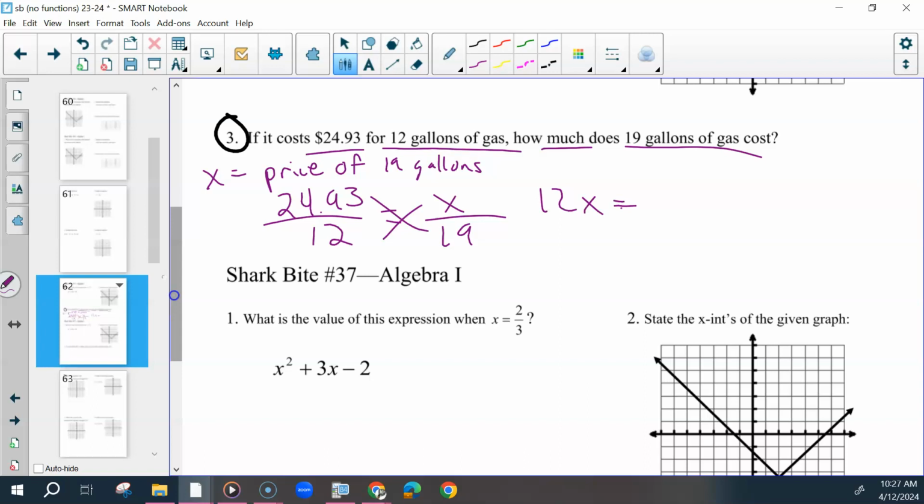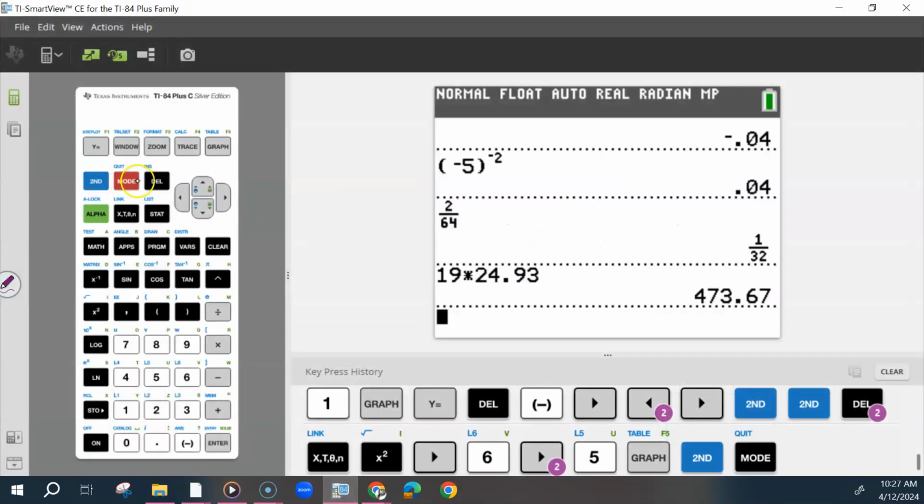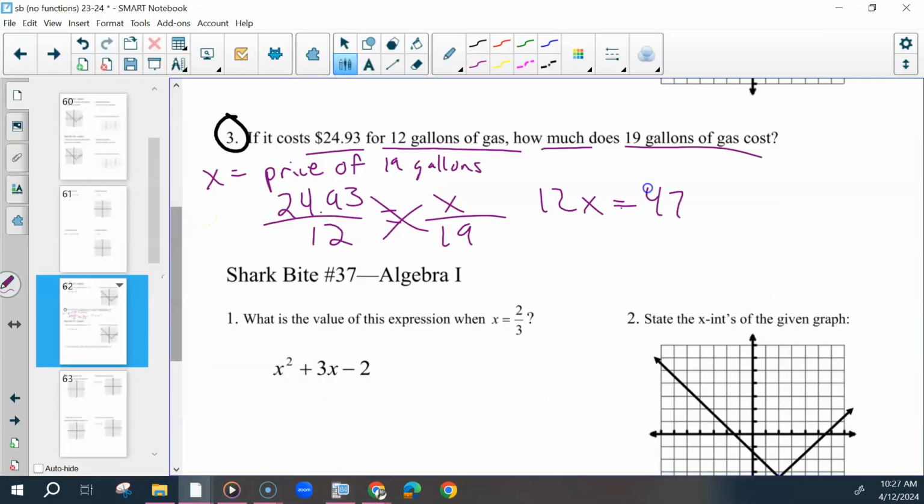If we solve it by hand, and then divide both sides by 12, x was 39.47, about $39.47.